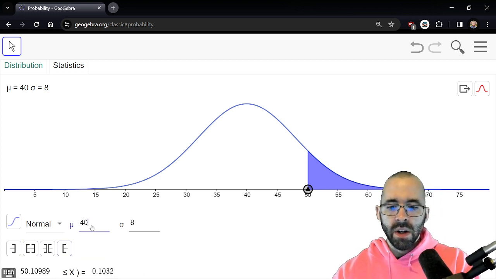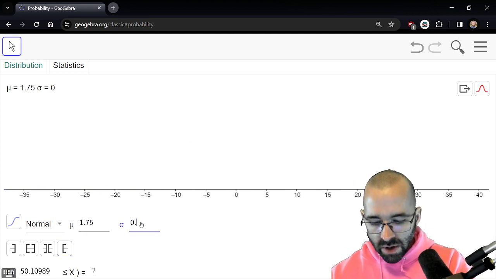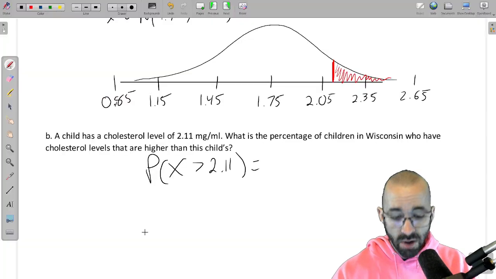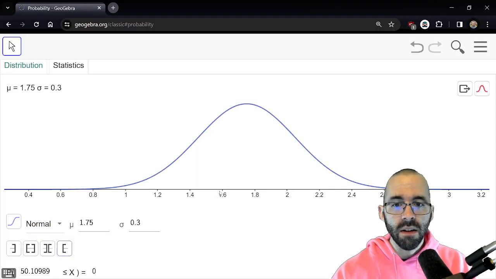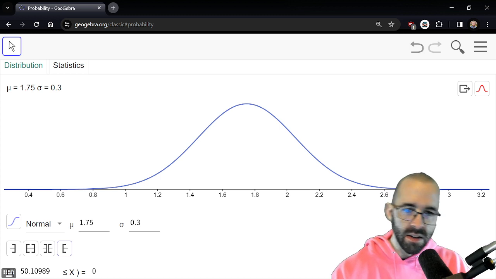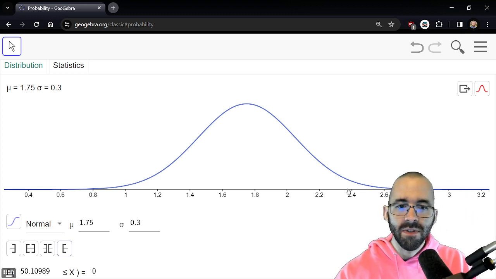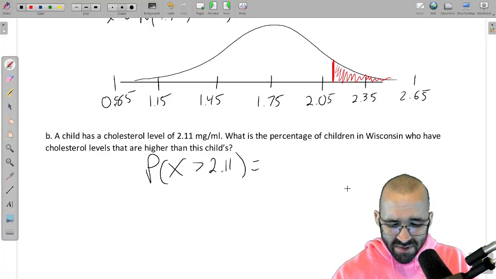So we know the average is 1.75. We know the standard deviation is 0.3. Does this look like our picture? Hopefully it does. Let's flip back and forth. The middle's 1.75. Yep, middle's in the same place. 2.65 is really far out. Yeah, 2.65 is really far out. Far out, man. Okay.